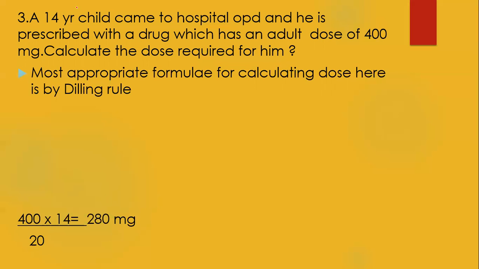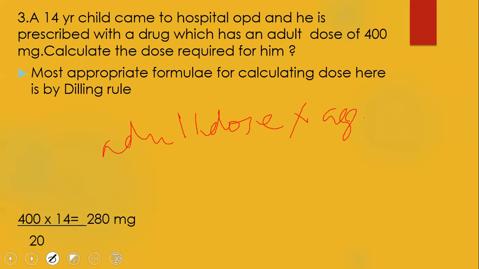Child dose is equal to adult dose into age of child, here 14, divided by 20. So 280 mg. The child dose required is 280 mg using Dilling's formula, from 400 mg of adult dose.